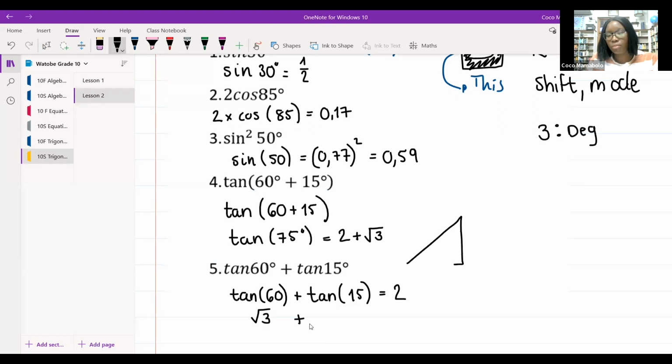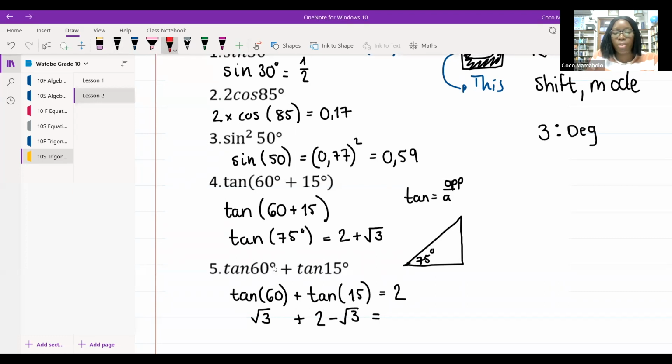Plus 2 minus the square root of 3. Good. Plus 2 minus the square root of 3. Can you tell from what you've just given me over here how we got the answer 2? No. Okay.